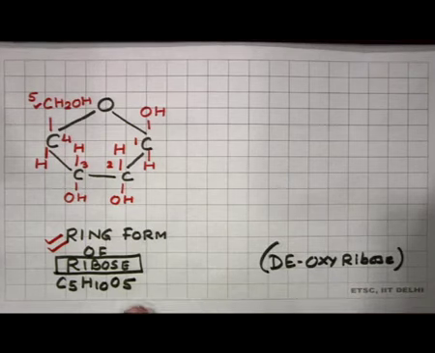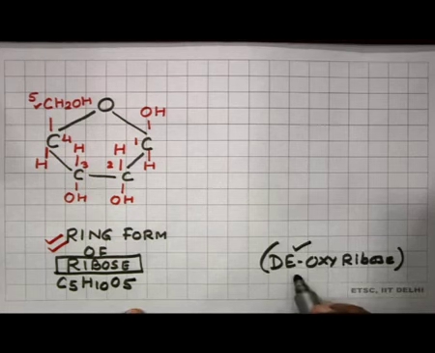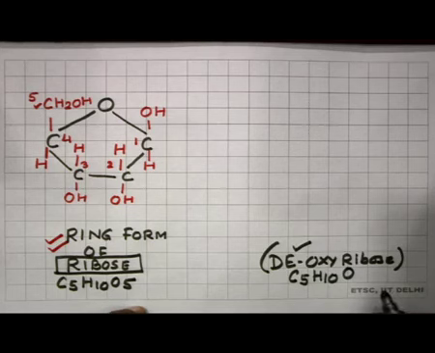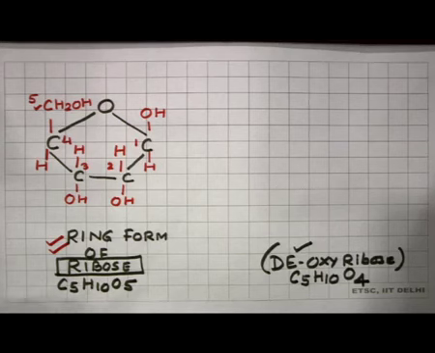In deoxyribose sugar one oxygen is deleted, so the formula will be C5H10, and instead of O5 here is O4. Now write the structure.